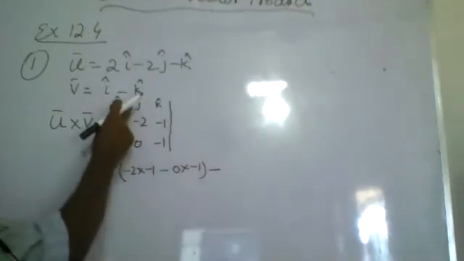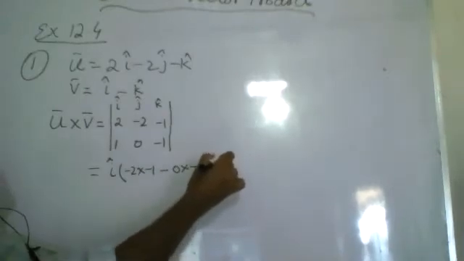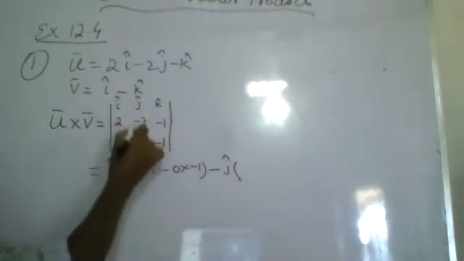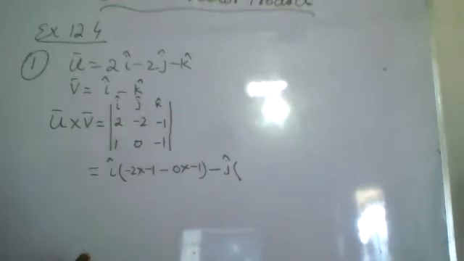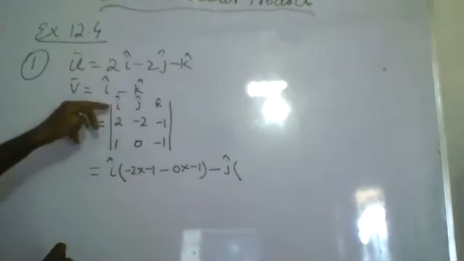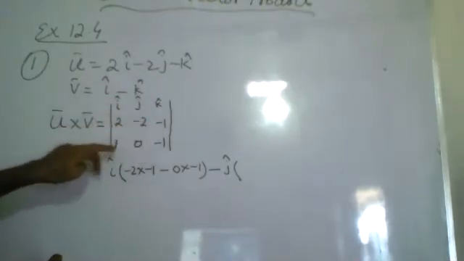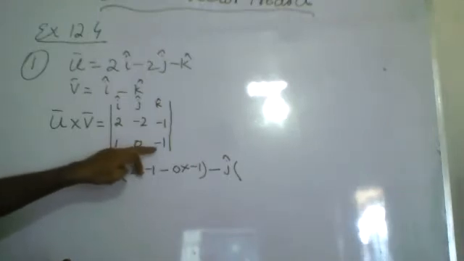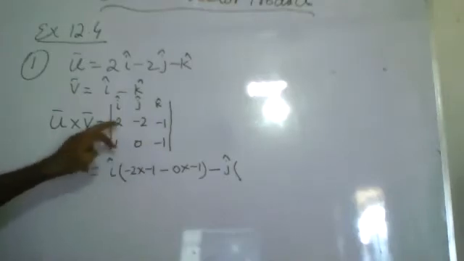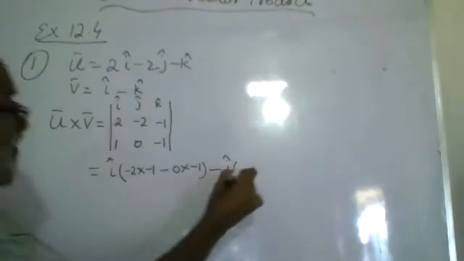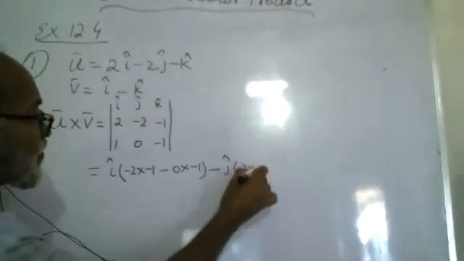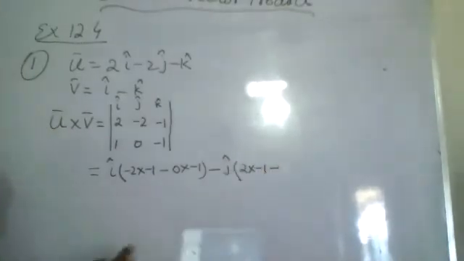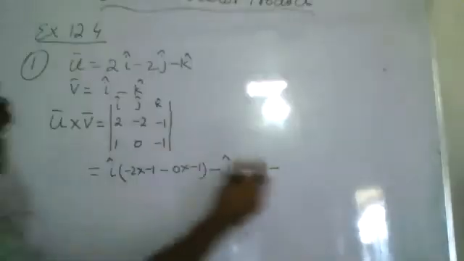Then second, minus, we take the second number j. We leave the j column and j row. The numbers left are 2 minus 1, 1 minus 1. First we take the product of the right diagonal, 2 into minus 1, minus 1 into minus 1.